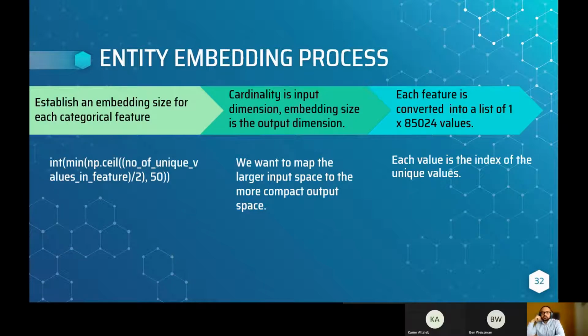And that's quite important because otherwise this model can potentially be huge. So the next thing that we have to do is we use the cardinality as input dimension, and embedding size becomes the output dimension. And the network actually takes care of this for us.